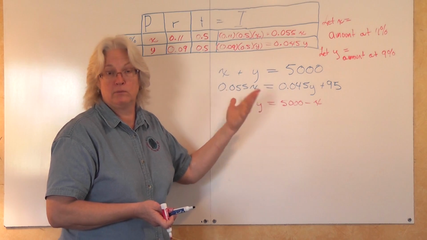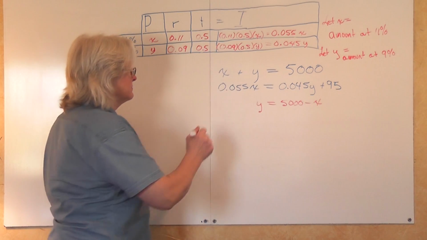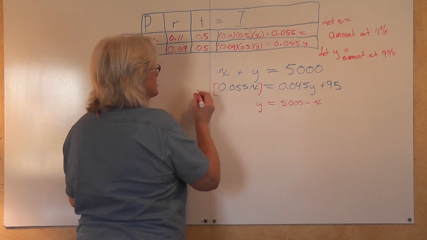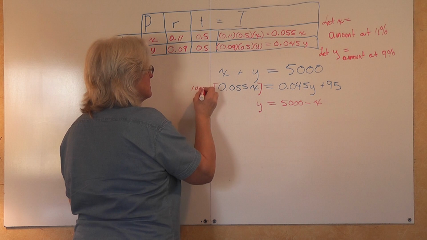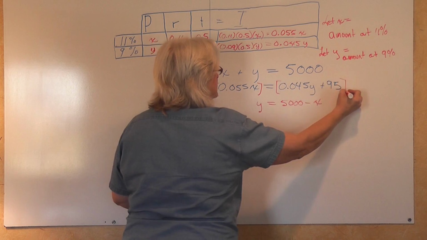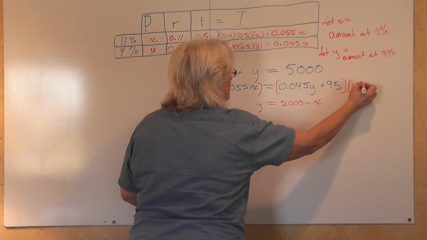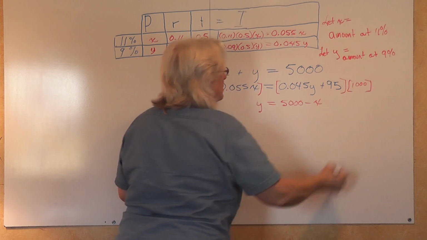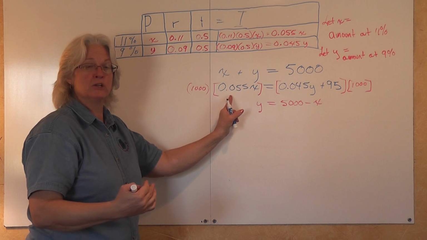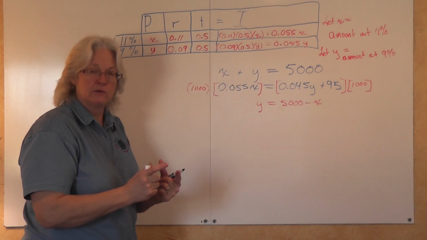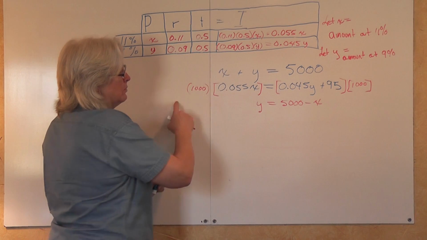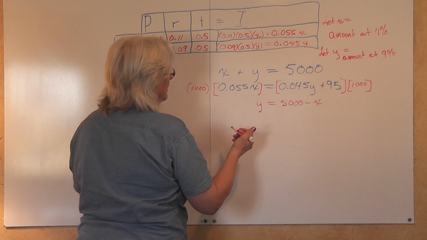You multiply by 10 to the third, which is 1,000. So we're going to multiply the left-hand side of the equation by 1,000, and we're going to multiply the right-hand side of the equation by 1,000. And that will clear this equation of decimals, which makes our computation more straightforward.